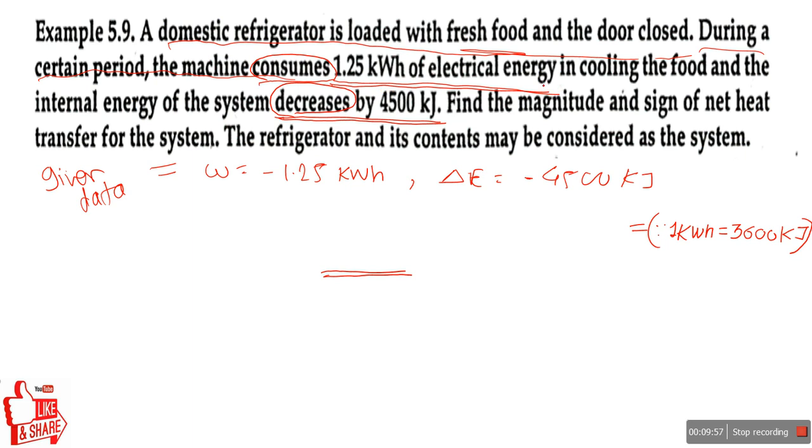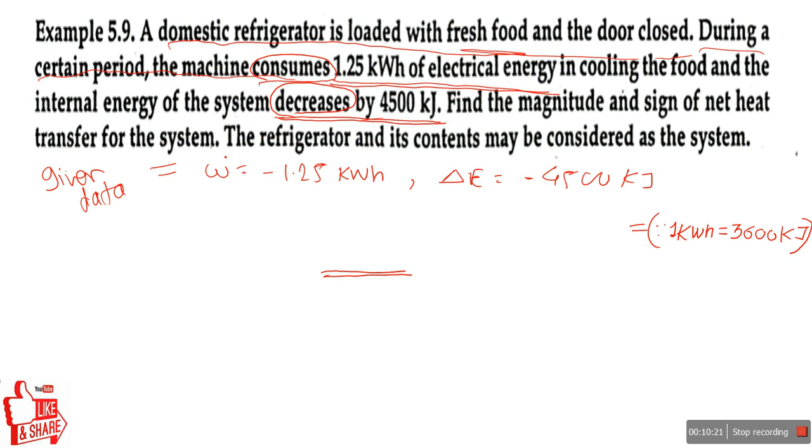So our domestic refrigerator consumes around 1.25 kilowatt hour of energy in cooling the food, and the internal energy of the system decreases by 4500 kilojoule. Find the magnitude and the sign of the net heat transfer for the system.